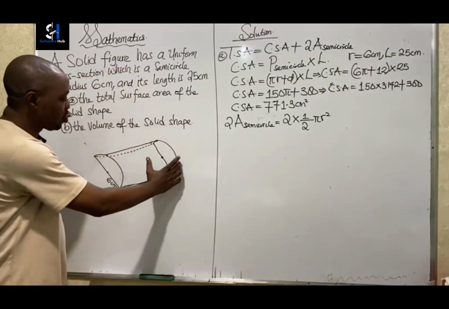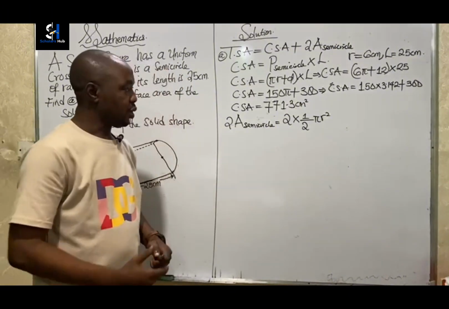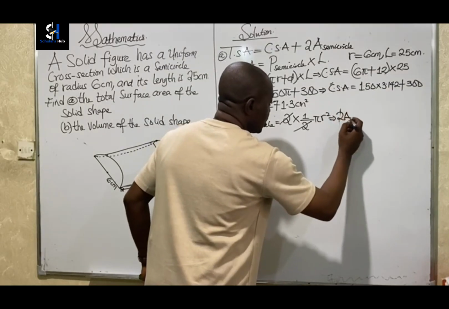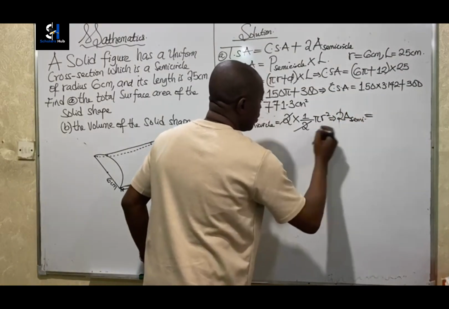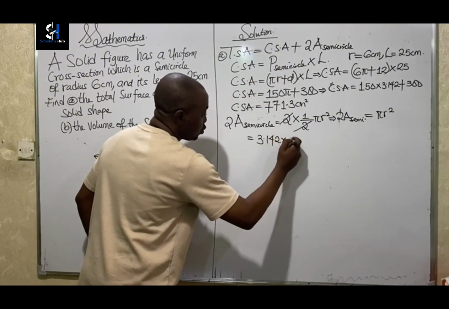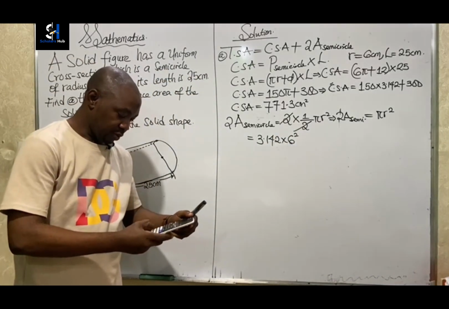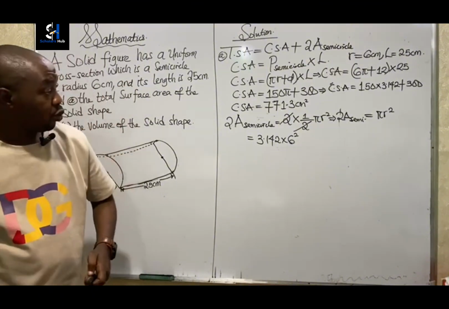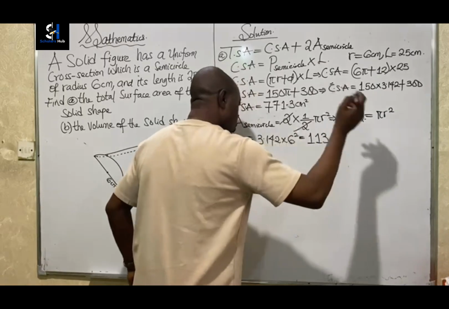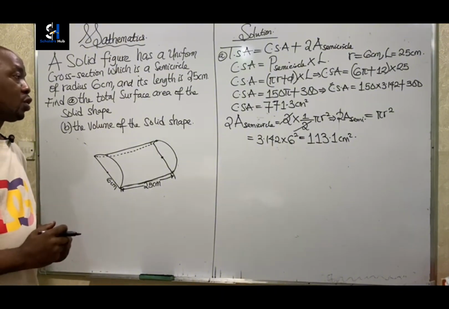Because we have 2 semicircular cross sections, it is 2 multiplied by 1/2 of pi r squared, which reduces to pi r squared. That is 3.142 multiplied by 6 squared, which is 36 multiplied by 3.142, giving 113.11. Let's approximate this to 1 decimal place, 113.1 square centimeters.